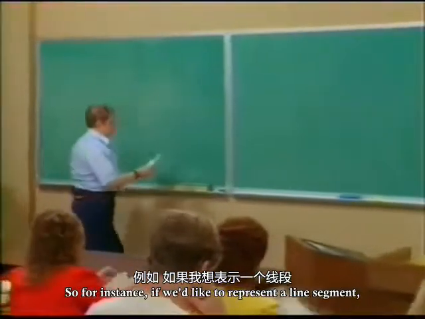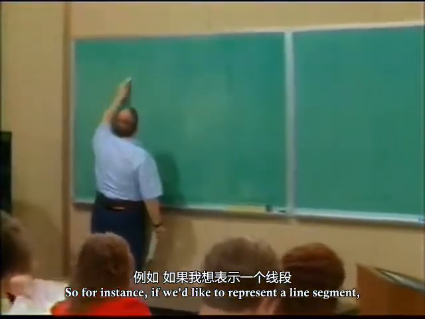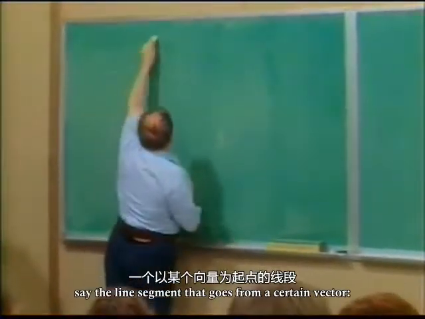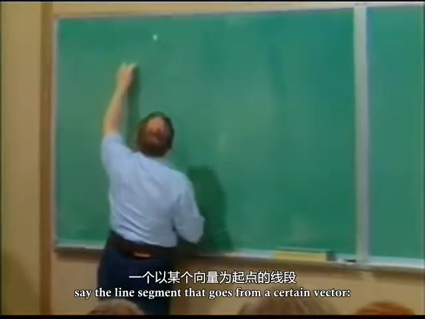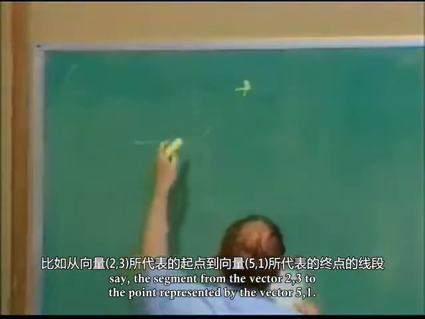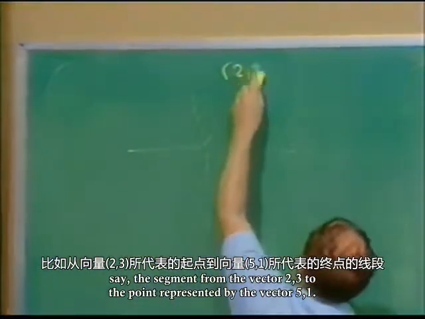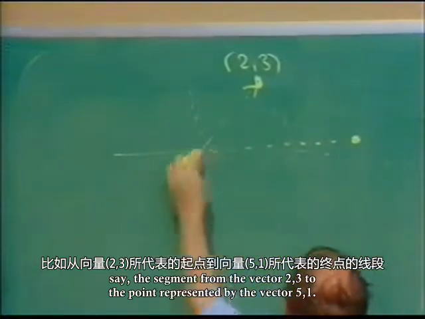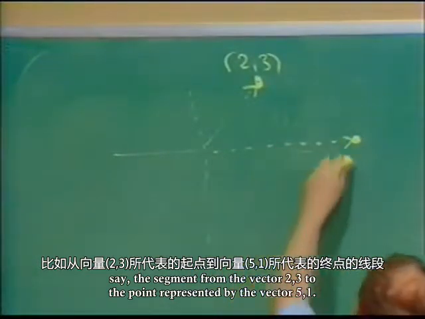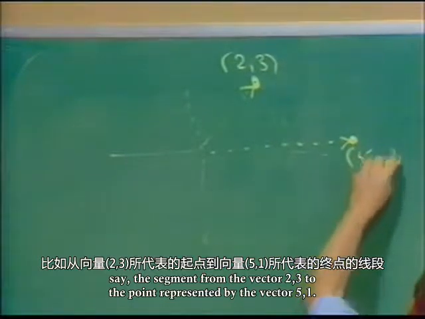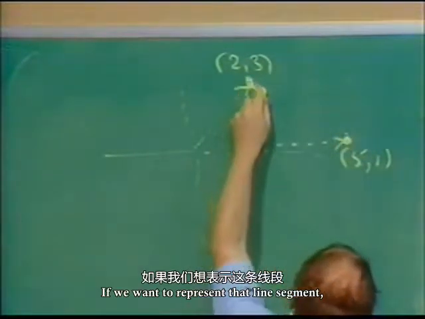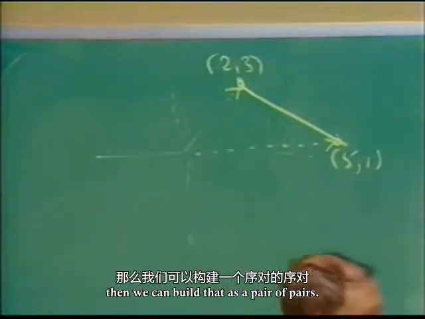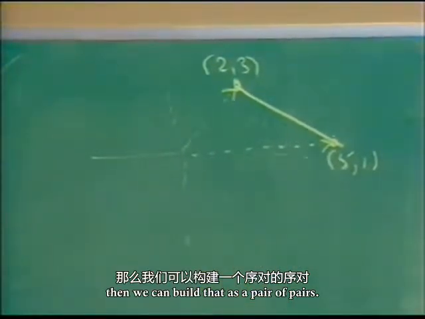So for instance, if we'd like to represent a line segment, say the line segment that goes from a certain vector, say the segment from the vector 2, 3 to the point represented by the vector 5, 1. If we want to represent that line segment, then we can build that as a pair of pairs.